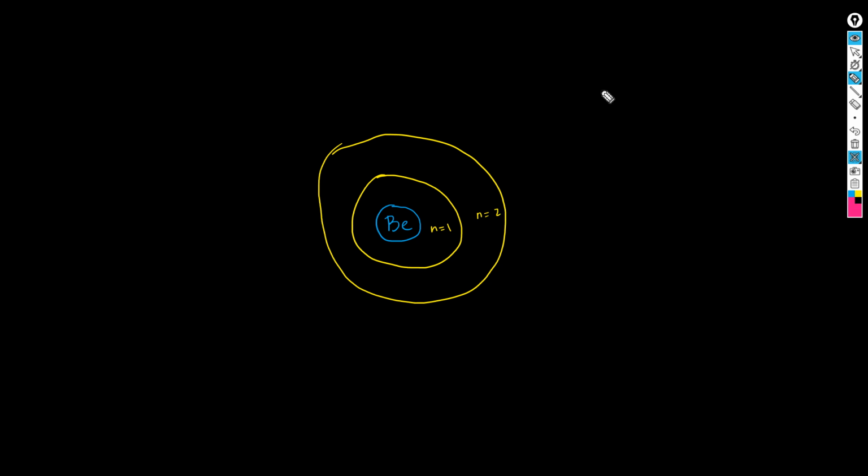In beryllium, because beryllium has 4 electrons in total, we have 2 electrons in the first energy level and 2 electrons in the second energy level.